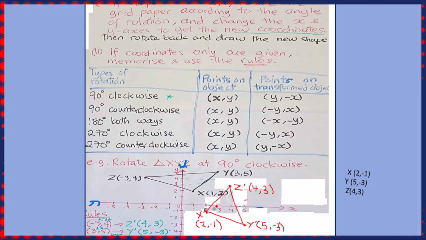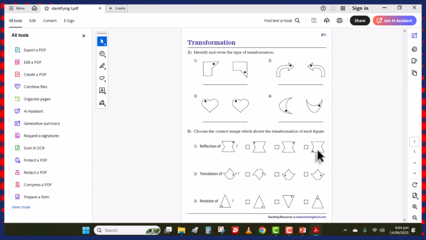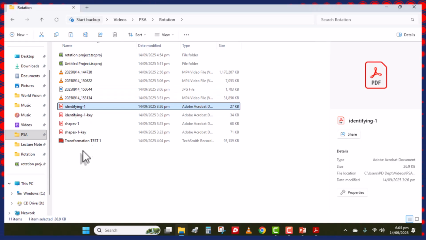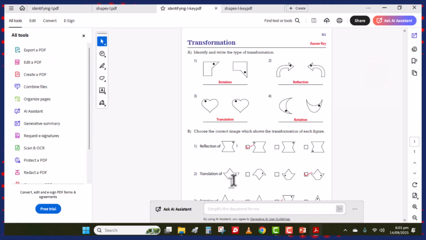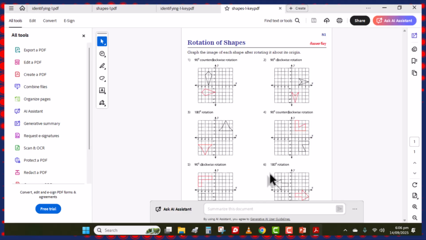So this is the new shape with the coordinates of the new points, z prime, y prime, x prime. These are some more questions which you can do, as well as this one and this one also. After you are done, you'll recall that we have 3 sheets of worksheet. So these are the answers to the third worksheet, and these are the answers to the fourth worksheet.